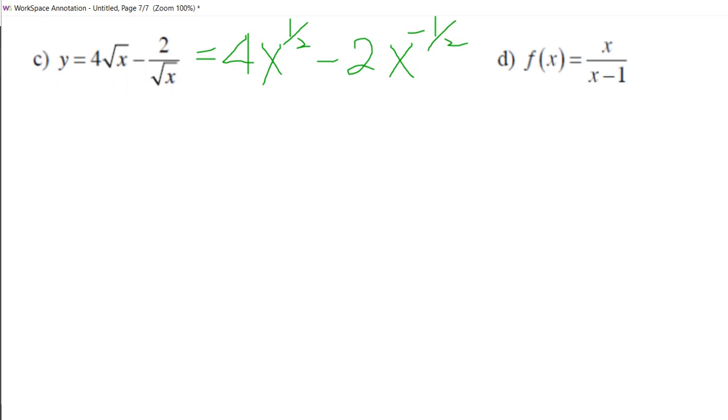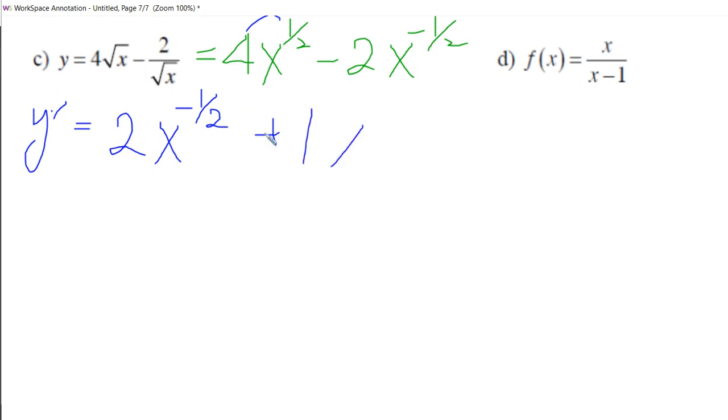Now let's take the derivative. The first time, it will be 2 x to the negative 1 over 2. See that? Multiply, take away 1. 2 times 1 over 2 is just 1, and 1 minus 1 over 2... take away 1 gives negative 3 over 2.